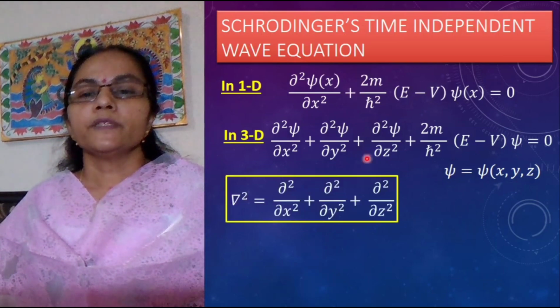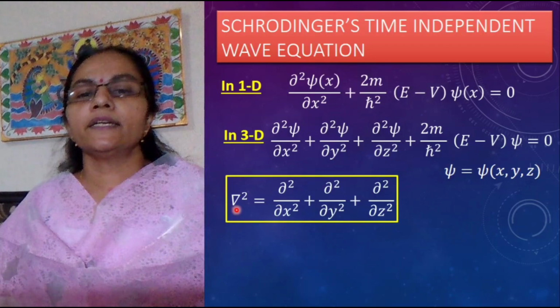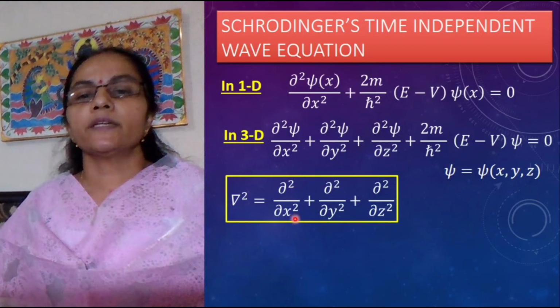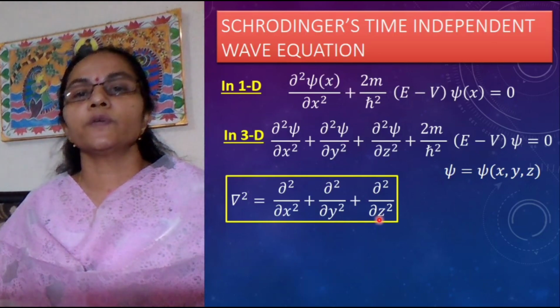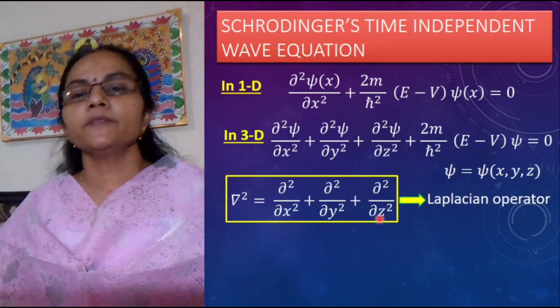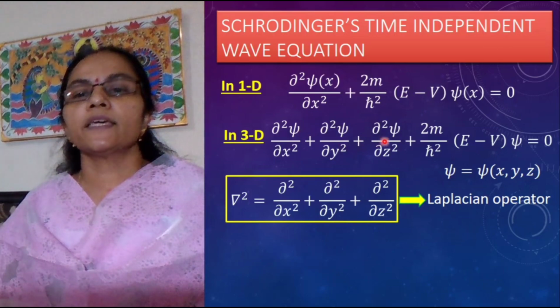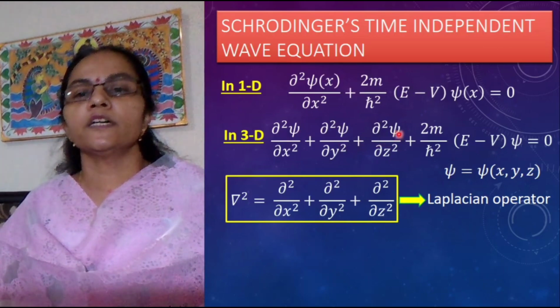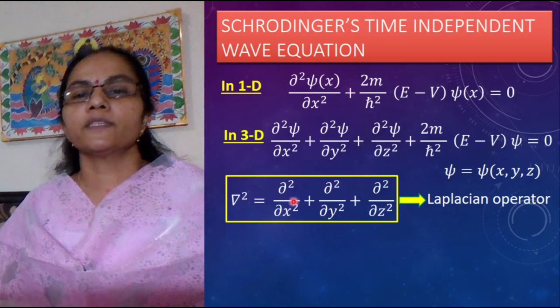Now you all know that delta square is equal to del square by del x square plus del square by del y square plus del square by del z square, and this is nothing but our Laplacian operator. Here if we take this psi common from these 3 terms, we are left with this Laplacian operator.